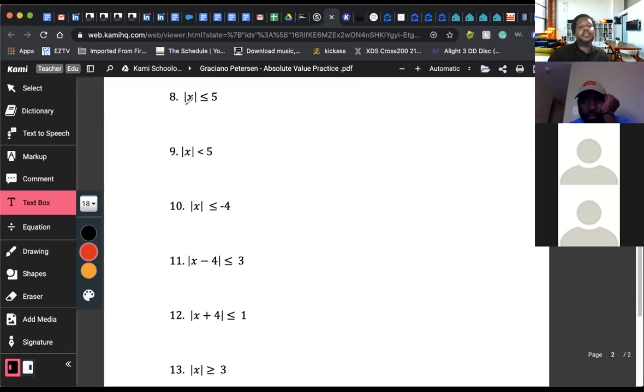But it says the absolute value of x is less than or equal to 5, right? So what values of x are going to make that work? Well, whenever x is 5 or -5, right?